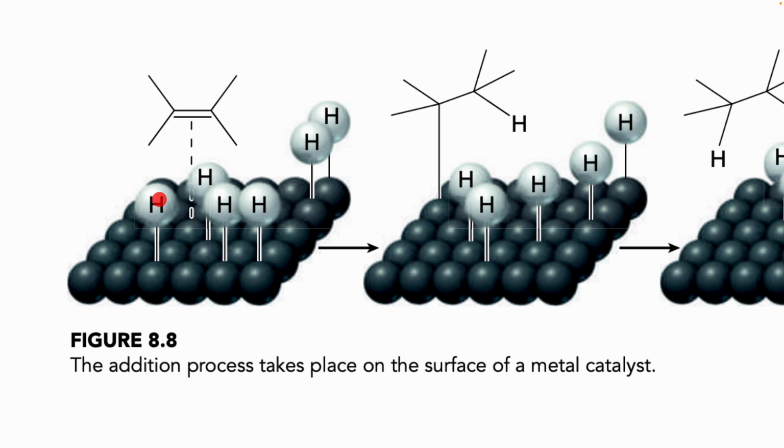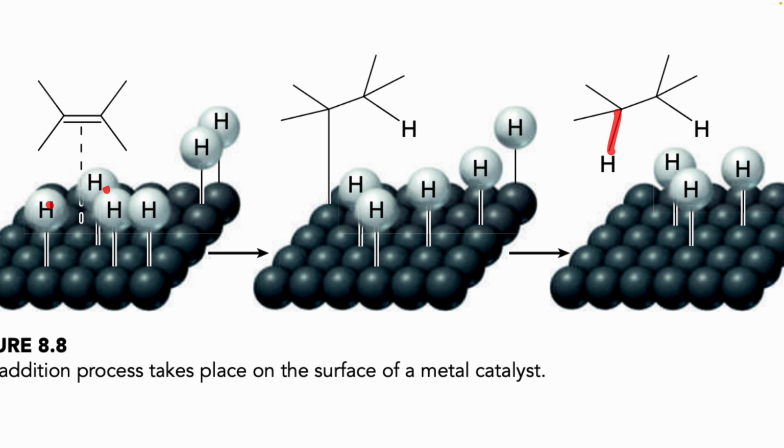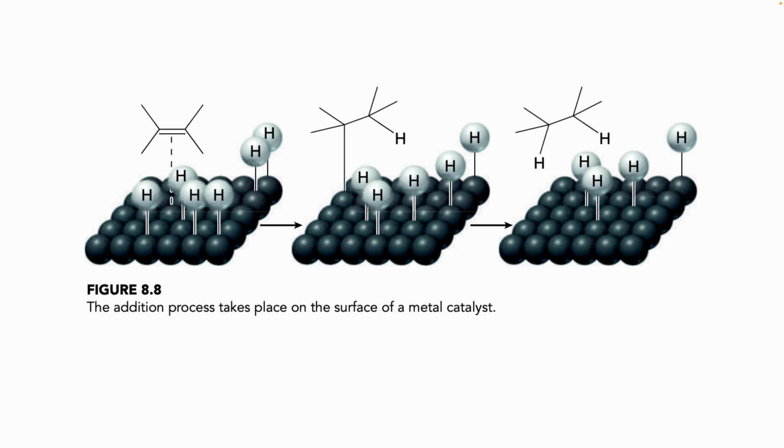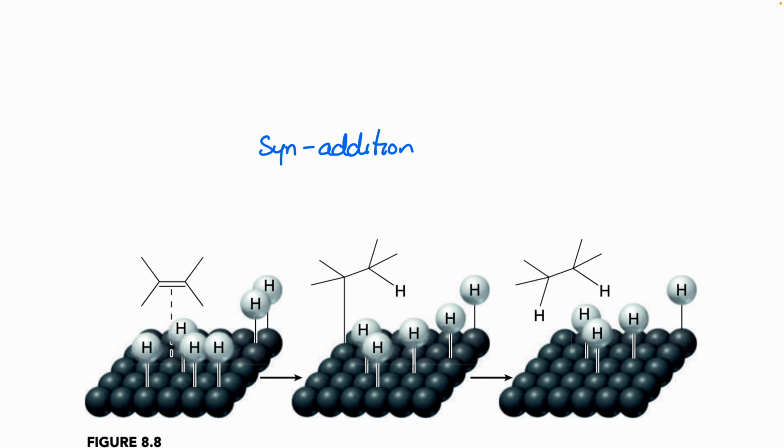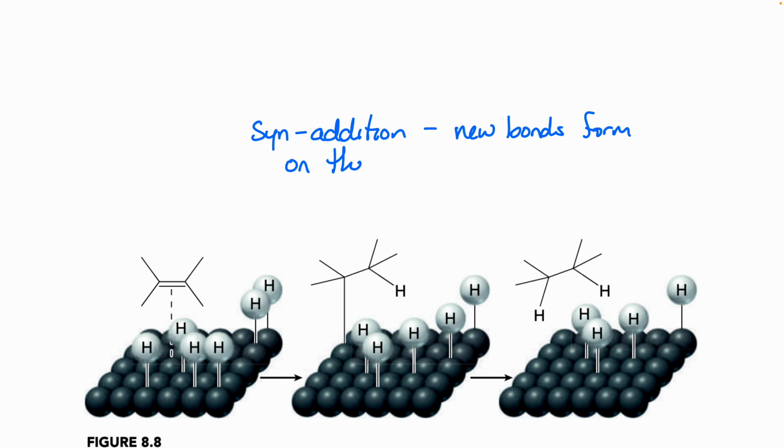Because of that surface chemistry, that means that both of those hydrogens are going to be added to the same side of that double bond. Okay? So this is what we call not an anti-addition, but rather a syn addition. Right? Our new bonds will form on the same side instead of opposite sides like what we saw for our anti-addition.